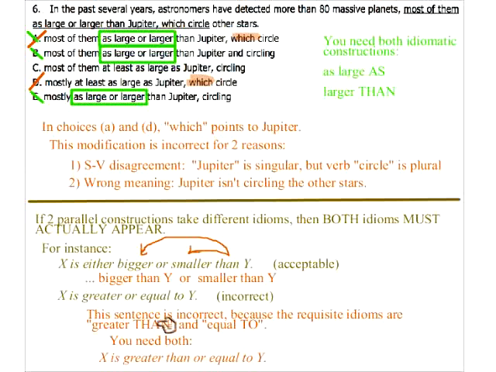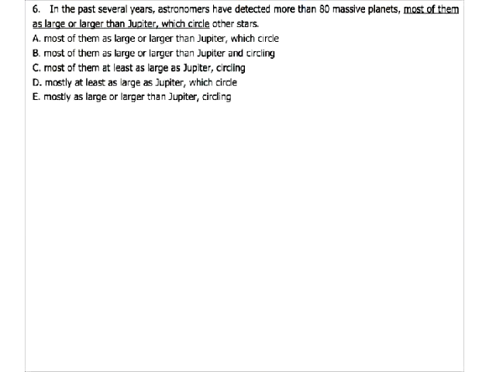Most of them as large or larger than Jupiter and circling other stars. So let's talk about that question. Question is, "and circling" correct? So, from the text box. Not really, because it doesn't really make sense. It's grammatically fine.